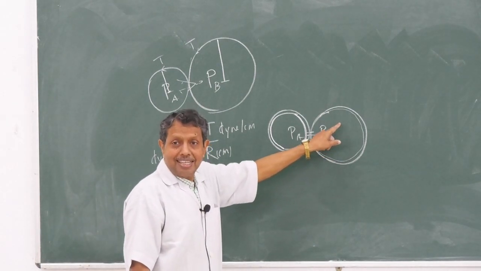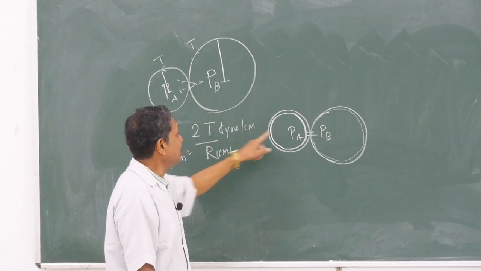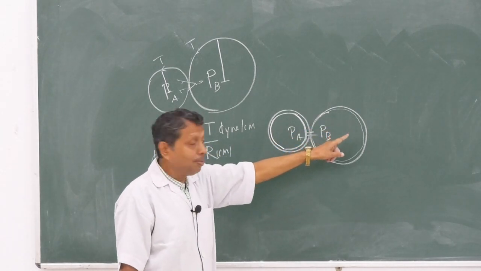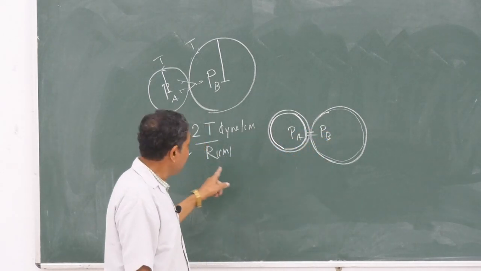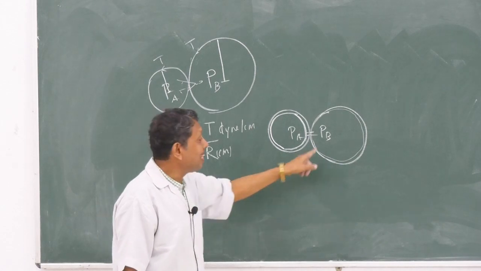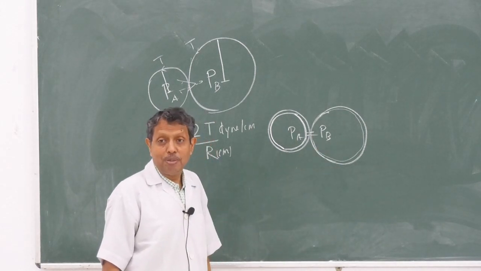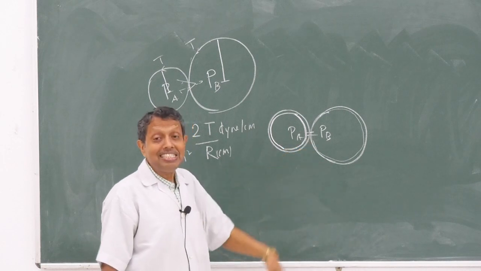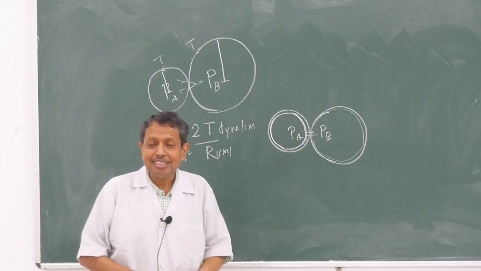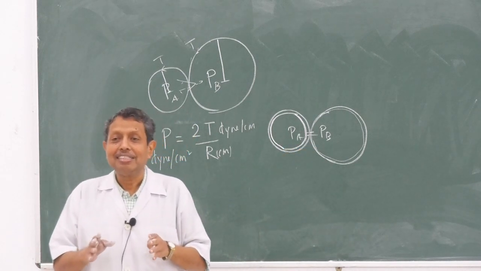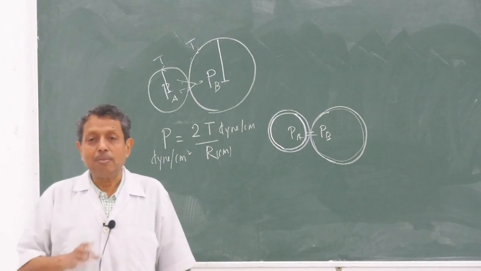In the other case, the tension will increase and at the same time R will increase, so that they will be at equilibrium, and PA is equal to PB. So what occurs? Then it maintains the stability.